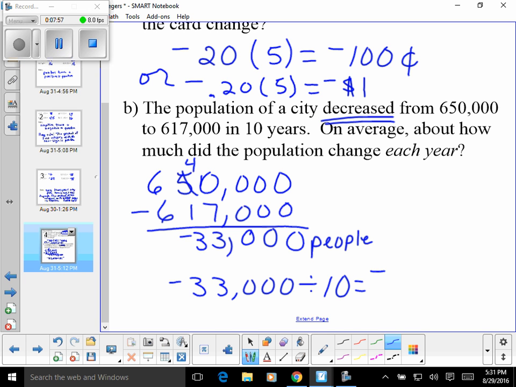To remember the shortcut for dividing by 10, that decimal point is going to move from the right of this number one place to our left. So we're going to get negative 3,300 people per year.